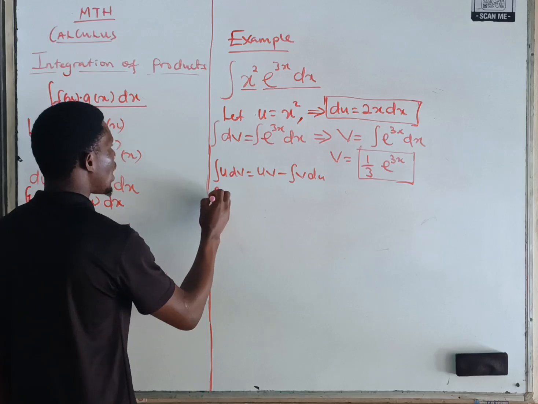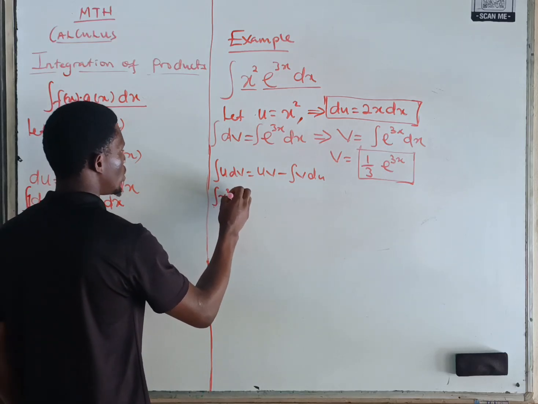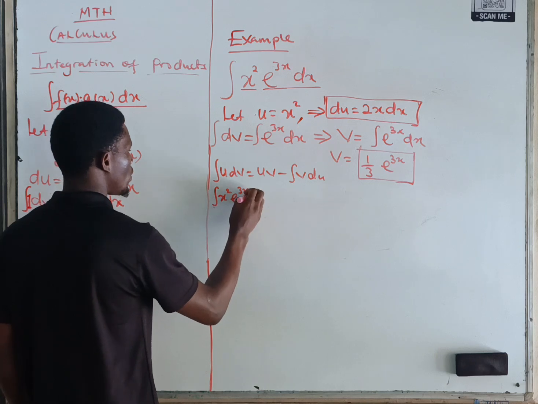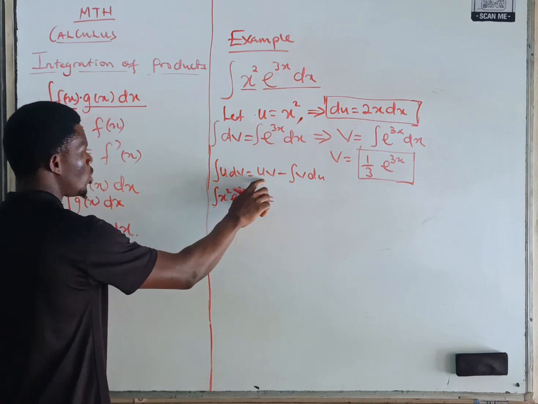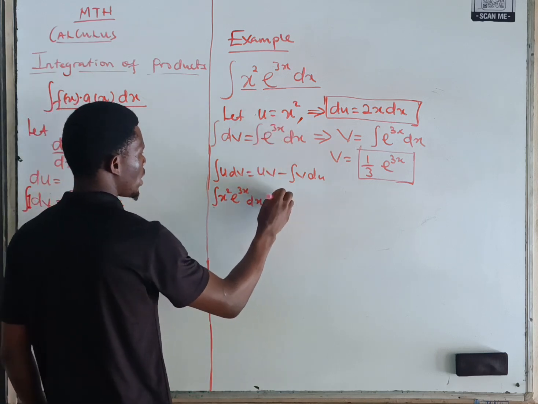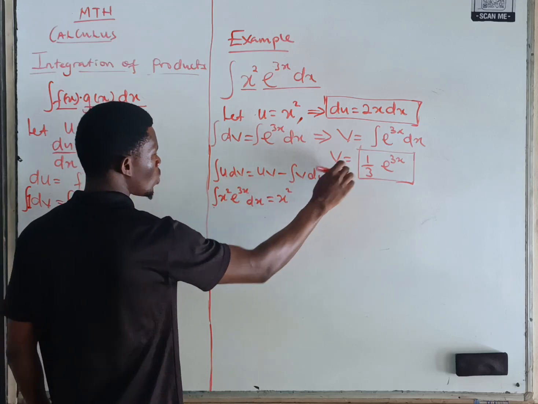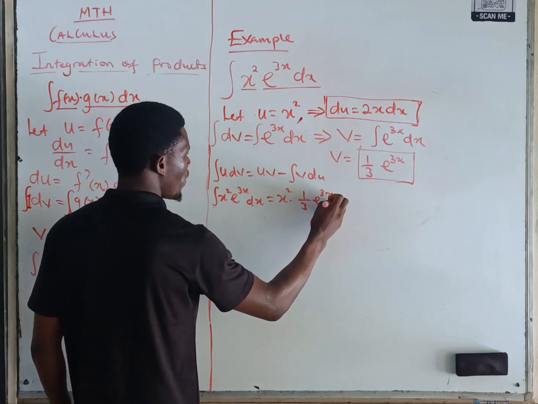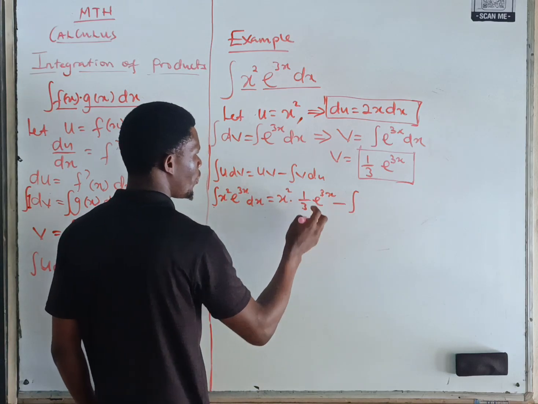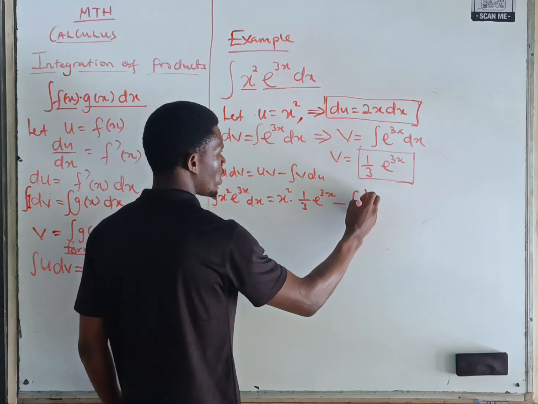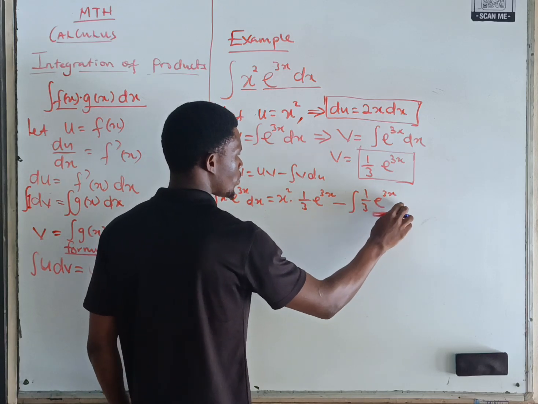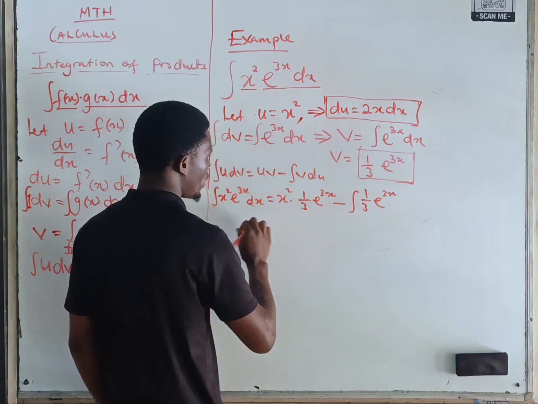So that means the integral of x squared e raised to power 3x dx here equals, so u is x squared, that is x raised to power 2, and v is 1 over 3 e raised to the power of 3x, minus the integral of v again, that is 1 over 3 e raised to power 3x, and then du.